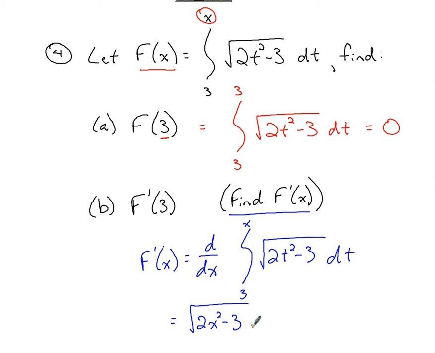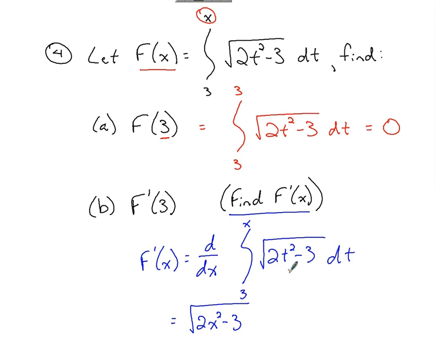We take this 3 here, plug in for t, get whatever that equals, and then tack on the derivative of that. Okay, it's 0 because that's the derivative of 3. So I've kind of explained my way through all those pieces, right? I didn't write them all out. But the reason I didn't write them all out is because this is just going to simplify to the square root of 2x squared minus 3.